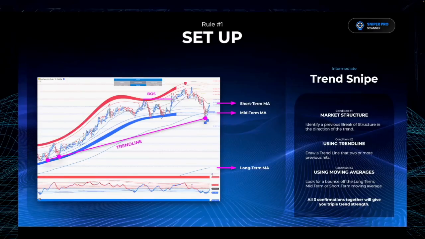So you can have the market pull back to any one of these lines. Now, if you have all 3 combinations together of a break of structure while the market is pulling back to a trend line and giving you a moving average bounce, that is a very powerful confirmation for a trend snipe because the price action is just right.